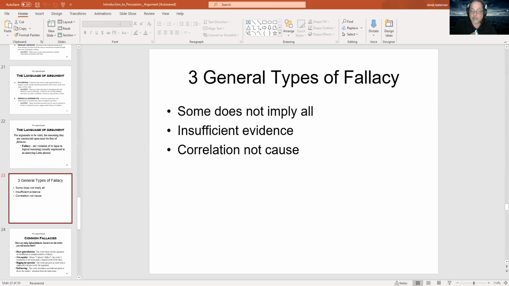Okay? Insufficient evidence. You have to be sure that the evidence you're using is sufficient to prove your point. This comes back to choosing your quotes, choosing the evidence from the text carefully, and making sure it has a direct bearing and relationship to what you are saying in that paragraph. I can't tell you how many times I've seen an argument being made, and then there's a quote, and I'm going, I can't figure out how this quote lends itself to your argument.